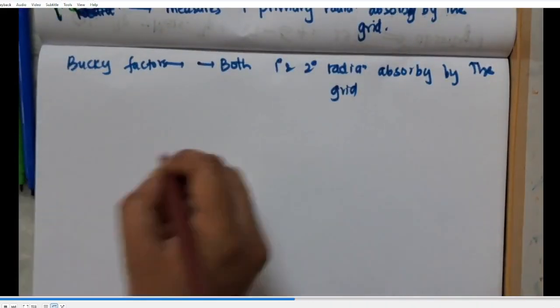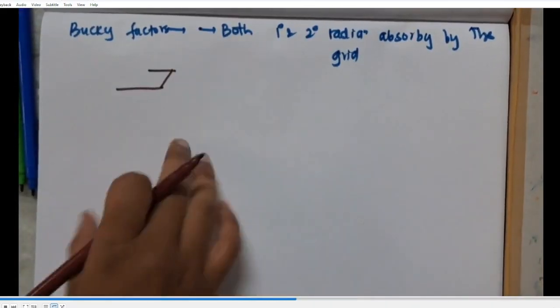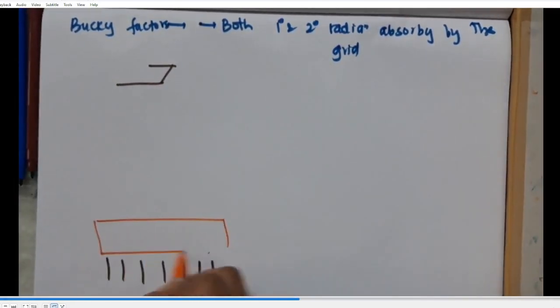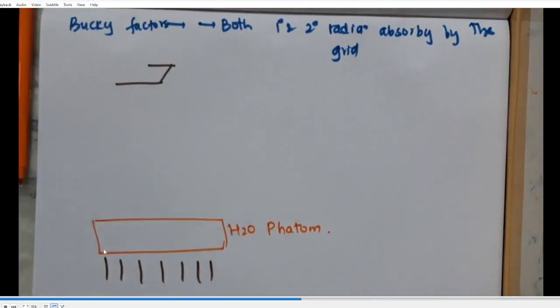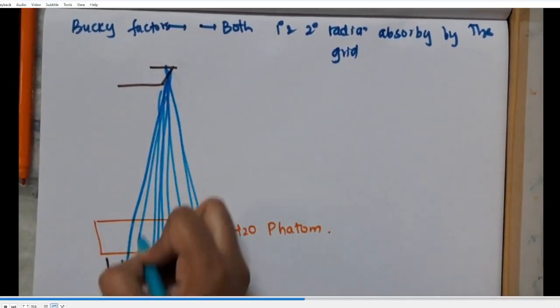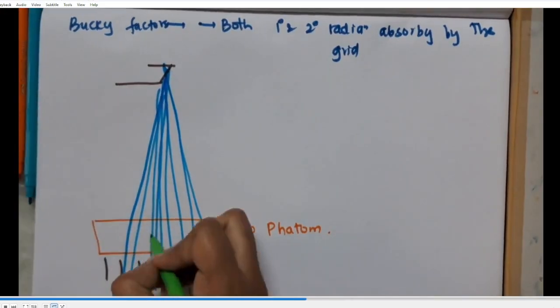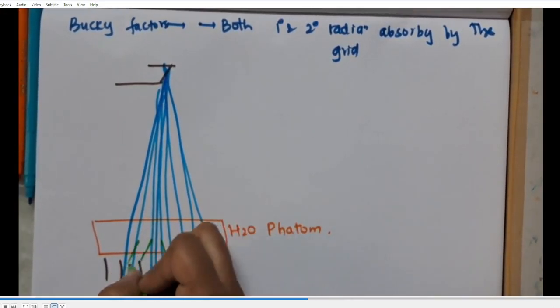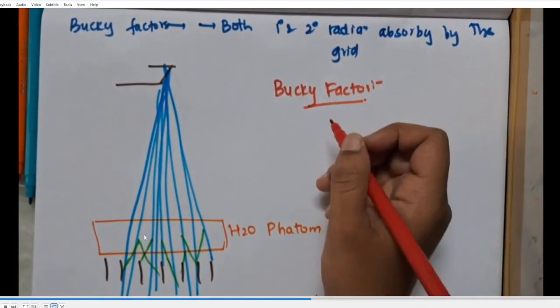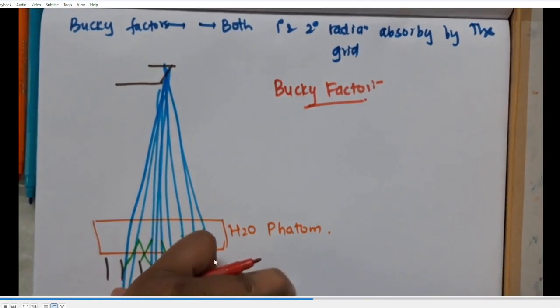The Bucky factor is determined with a larger X-ray field and a thicker water phantom. It is not collimated. The transmitted radiation is measured with the grid in place, and the incident radiation is measured after the grid is removed.